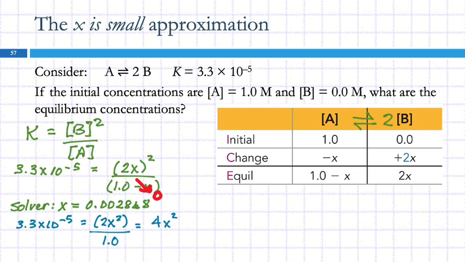So I'm going to divide both sides by 4. X squared is 3.3 times 10 to the minus 5 divided by 4. And then I'm going to take the square root of both sides. And if algebra is not your friend, you can also use the solver to solve this one. That's fine.